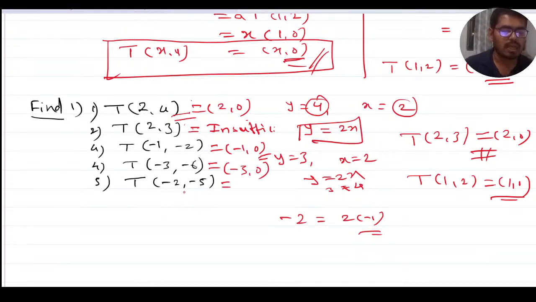Then see here: T of (-2, -5). Here -5 is not double of -2, so the condition does not hold. That's why it is also insufficient data. Since the data is not sufficient, we can't give the answer for T of (-2, -5). Okay, it is insufficient. I hope all of you understand this example.